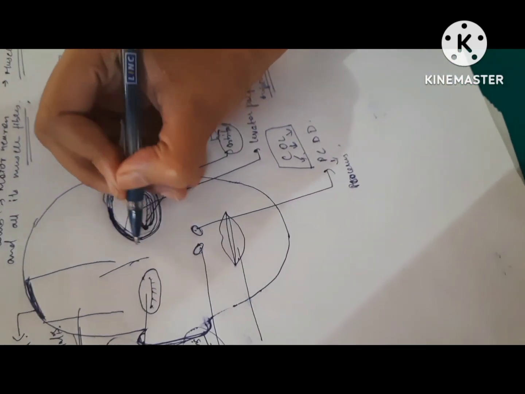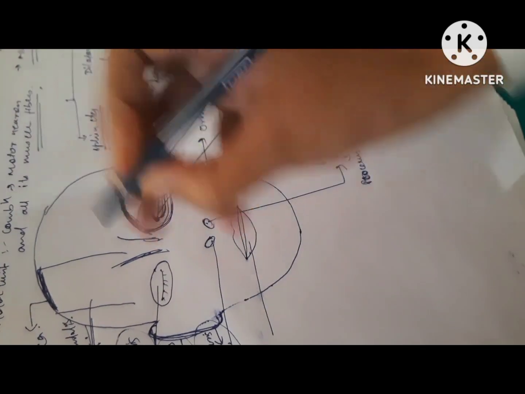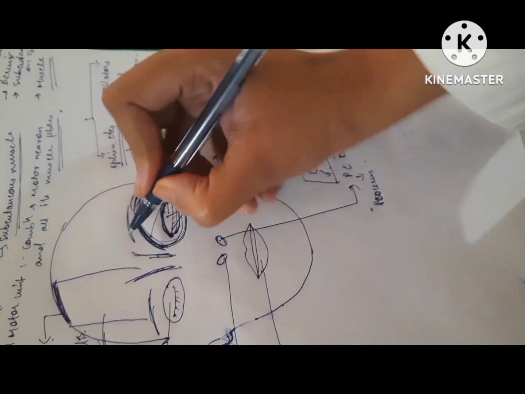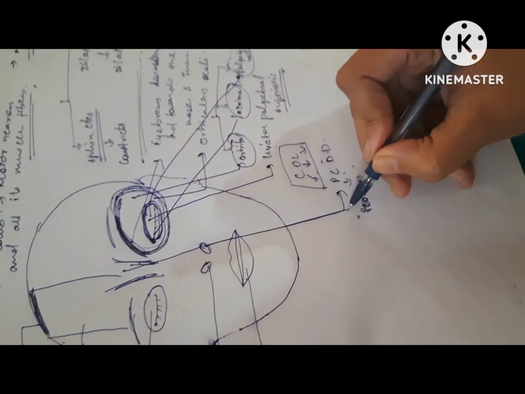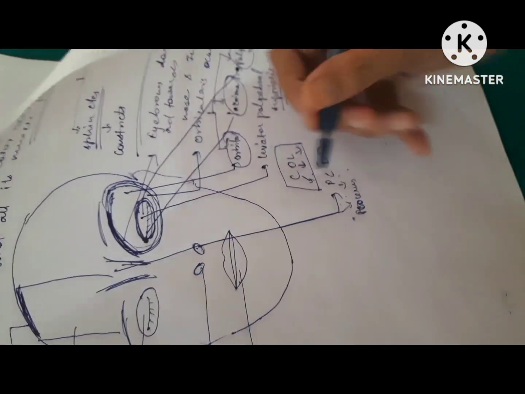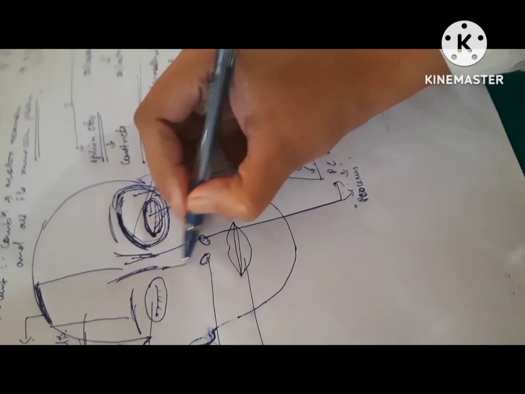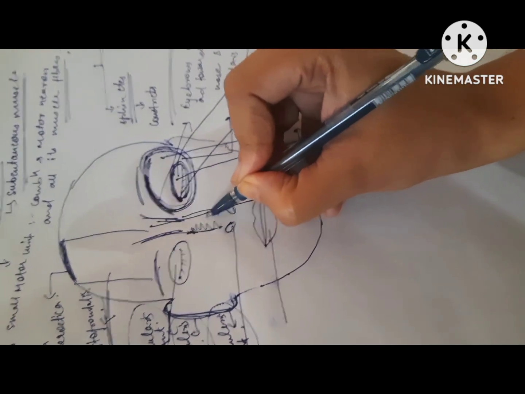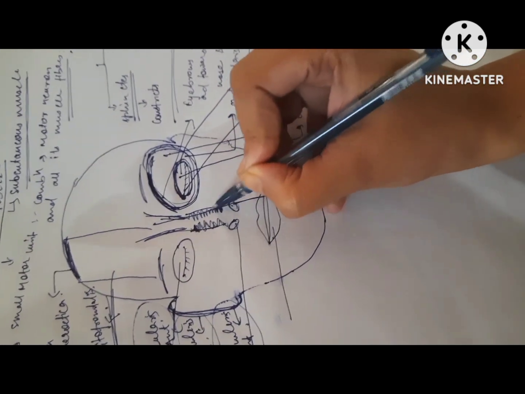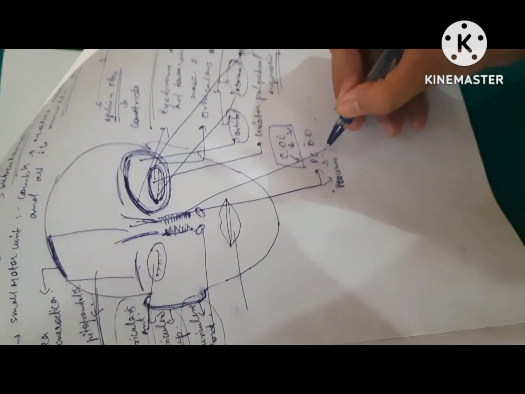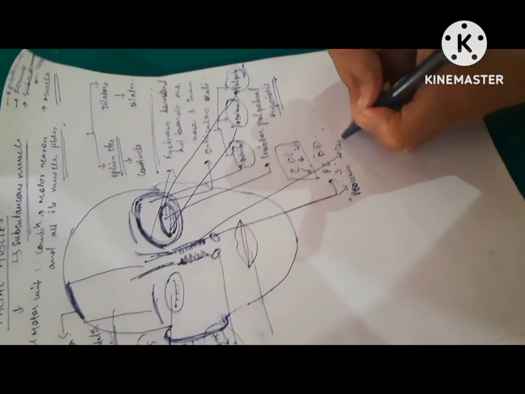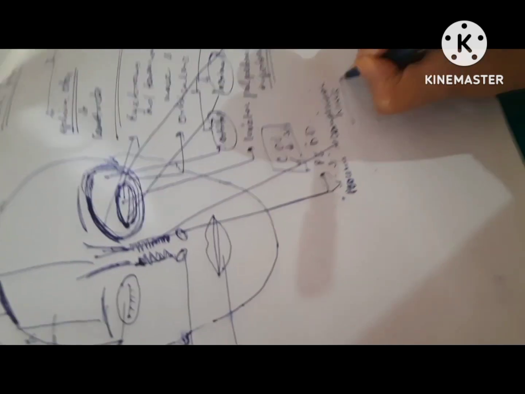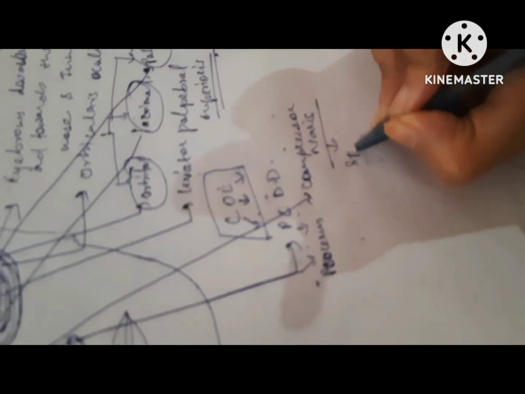Here we have the procerus muscle between the two eyebrows. Then we have compressor nasi. This muscle is here on the nose. What it does, it constricts the nostril, so it is a sphincter muscle.